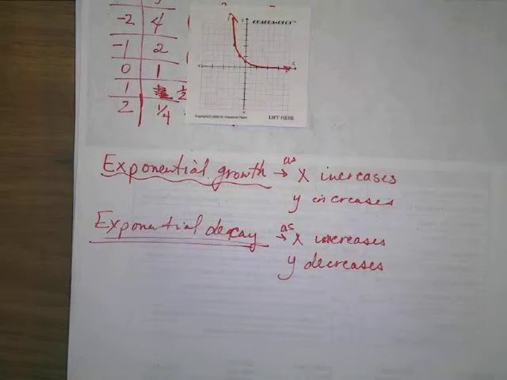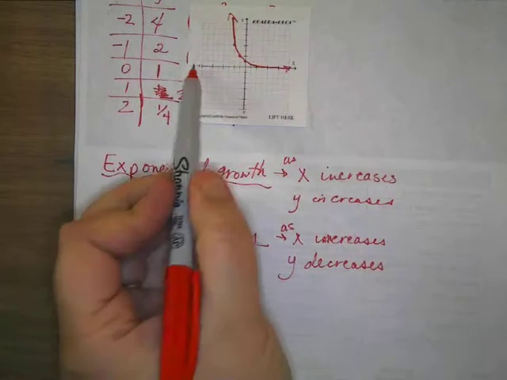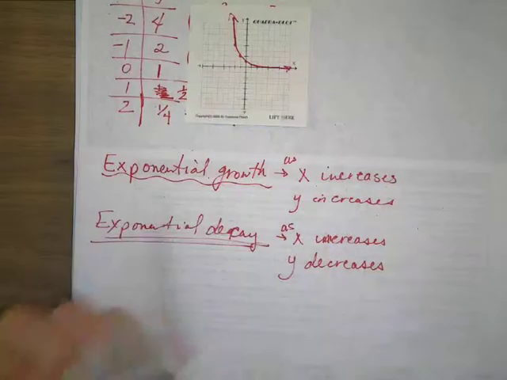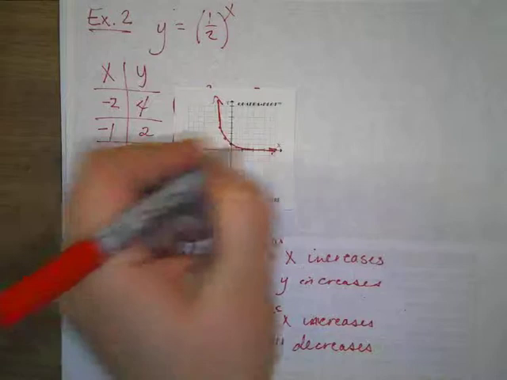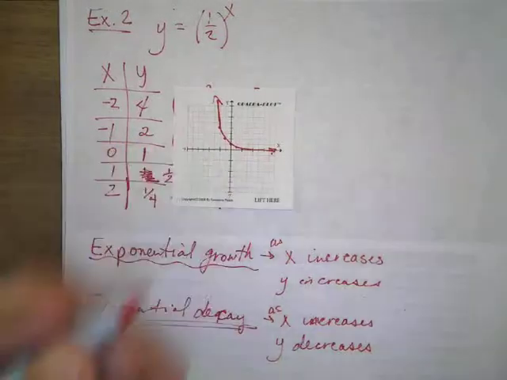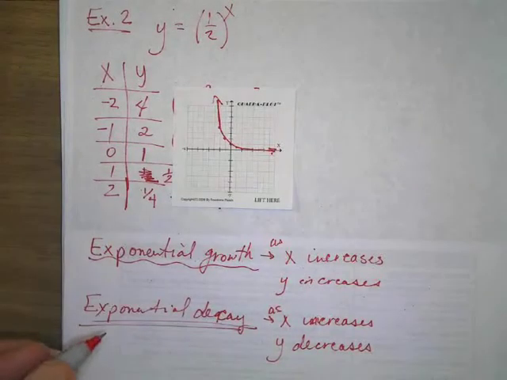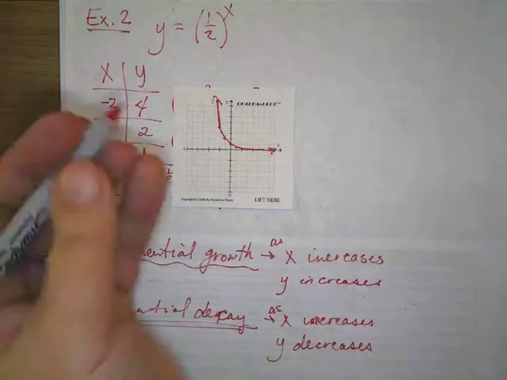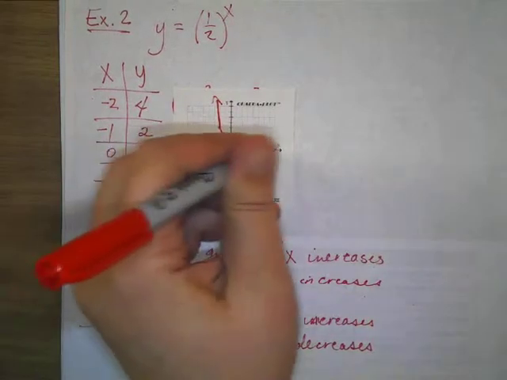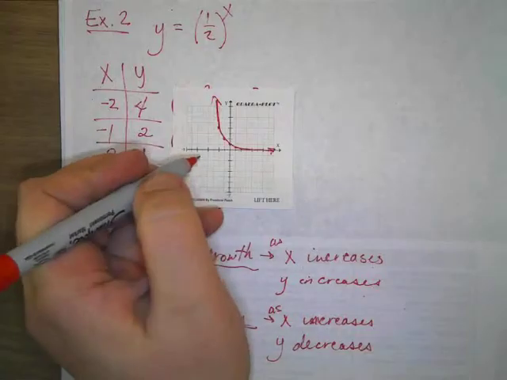And the cool thing about exponentials is they flatten out, and there's a line that they will never ever cross. What will they never ever cross? The x-axis. So we call that an asymptote. When a graph can never equal something or cross, this graph will never ever touch the x-axis.